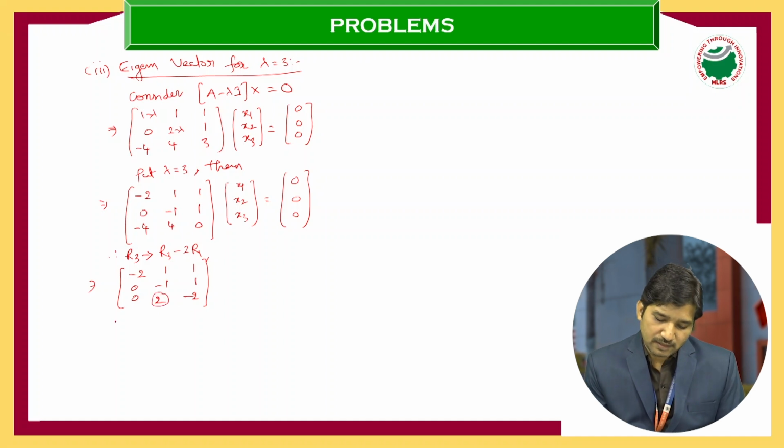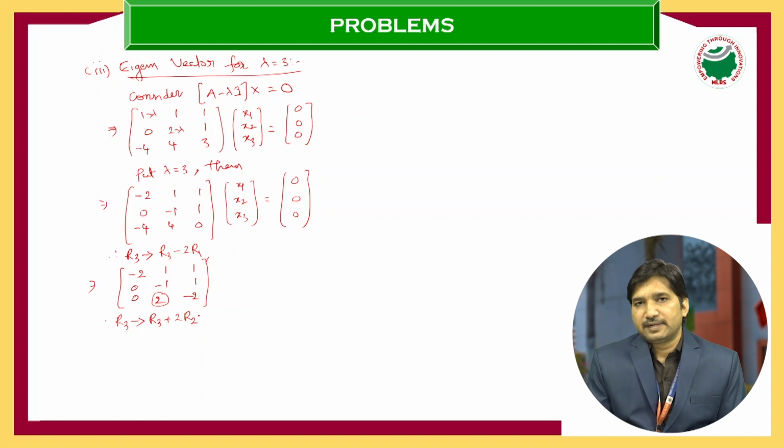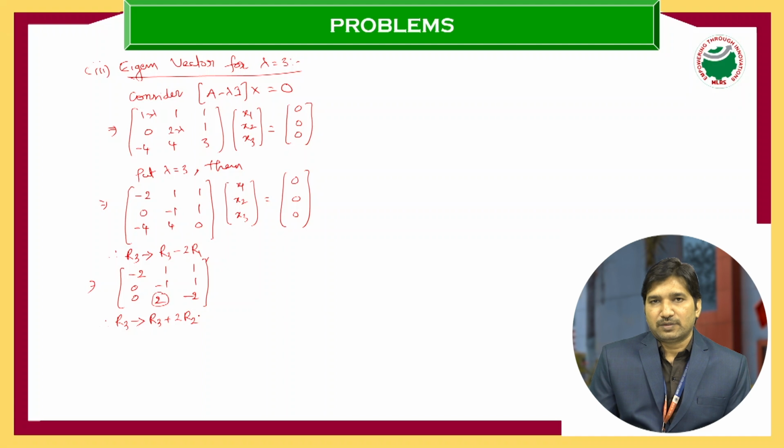Again, to make it 0, we write R3 becomes R3 plus 2R2. The entire second row is multiplied by 2 and added to row 3.